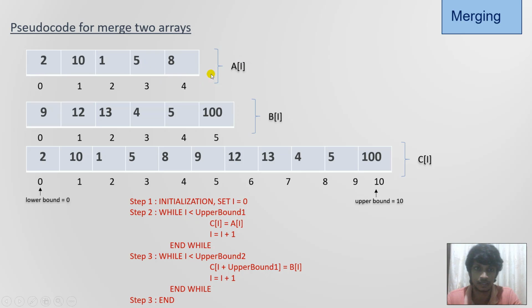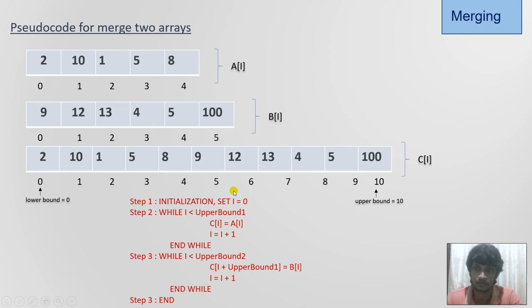Each and every element in both A and B arrays has been allocated to the C array, but the index orders are different. Here A starts with 0 to 4 and B starts with 0 to 5, but after merging the indexes are longer than the previous ones.